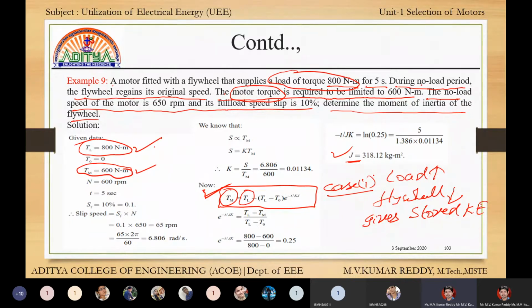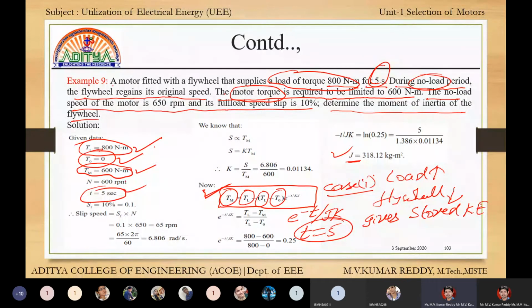Next is the no load period, which means the no load torque T naught is 0. Next, e power minus T by jk. We have to find for 5 seconds, so T is also given, that is 5 seconds.